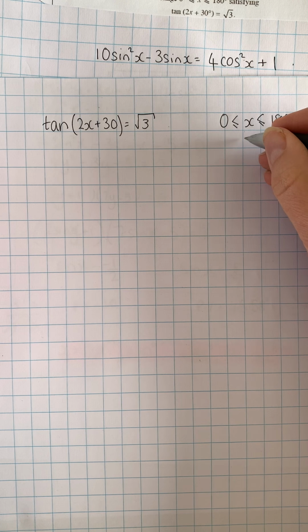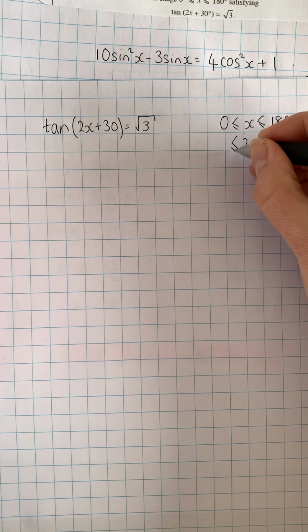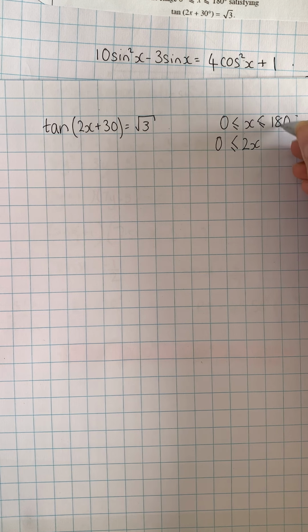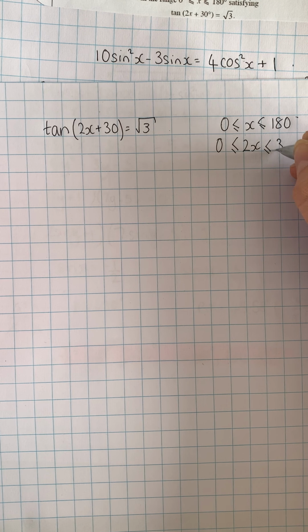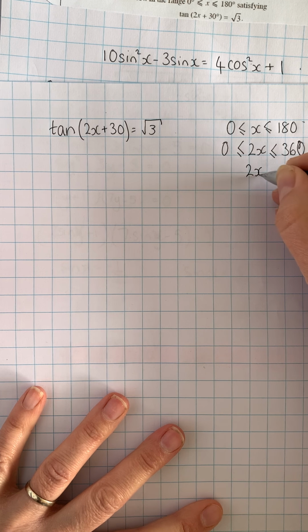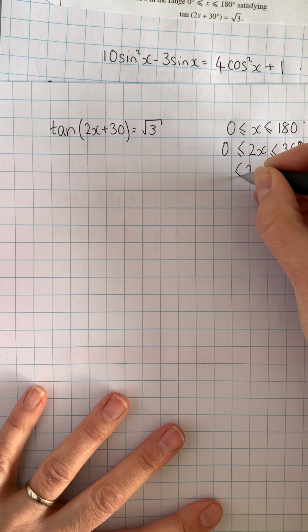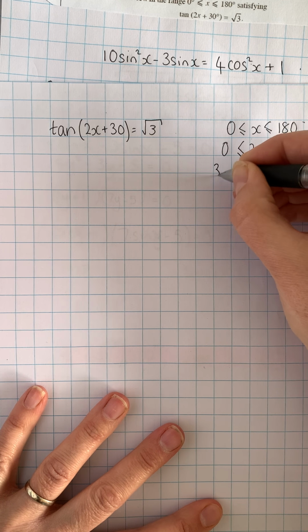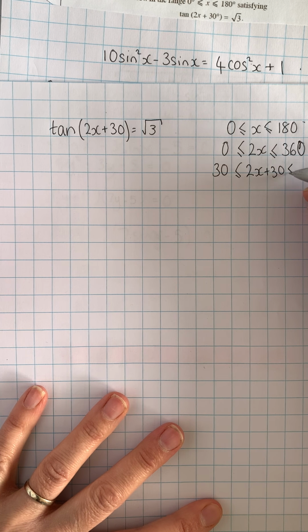So we want to look at 2x. Double 0 is 0. Double 180 is 360. But I want to look at 2x plus 30. So adding on 30, adding on 30, 390.